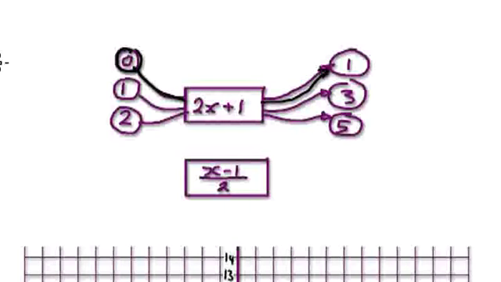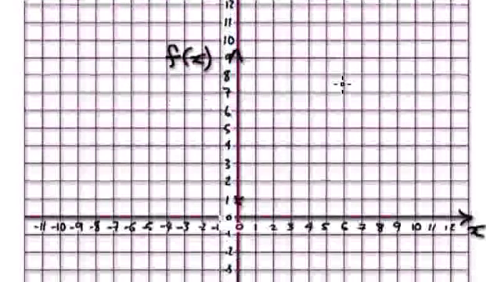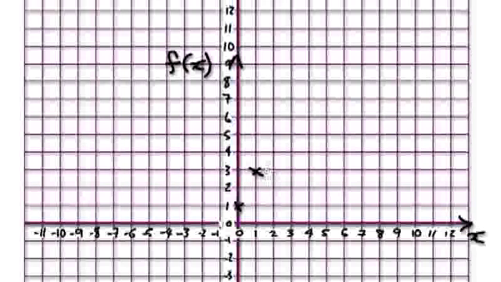Okay, so going back to here, if you put the number 1 into this machine, if you like, then it will spit out the number 3. So it will be there.